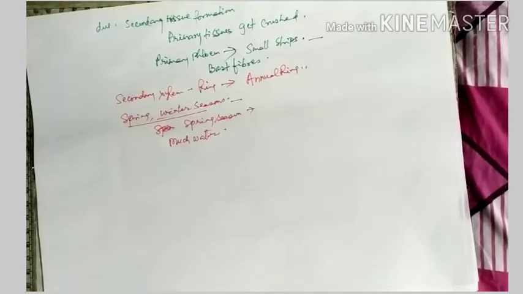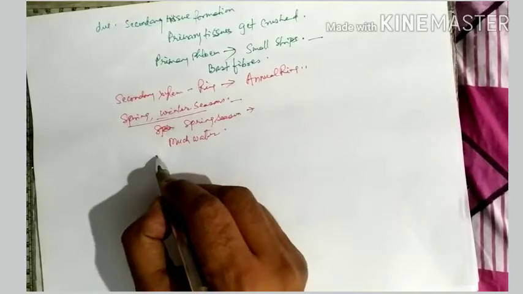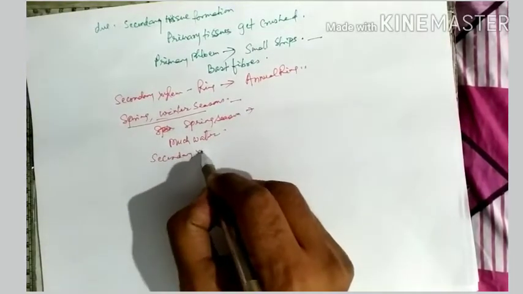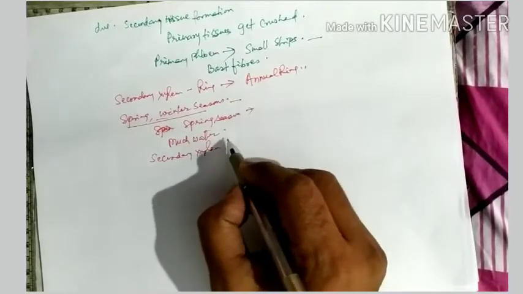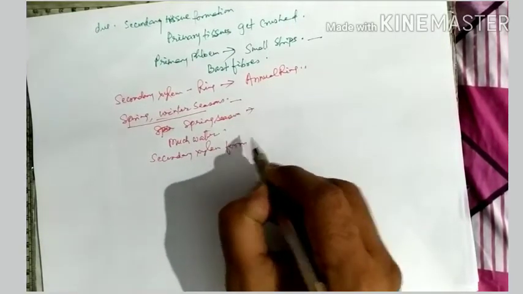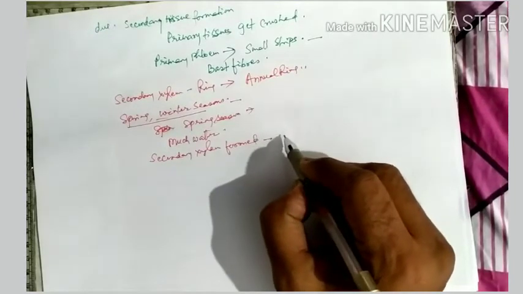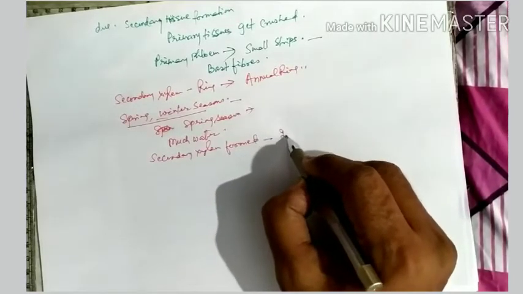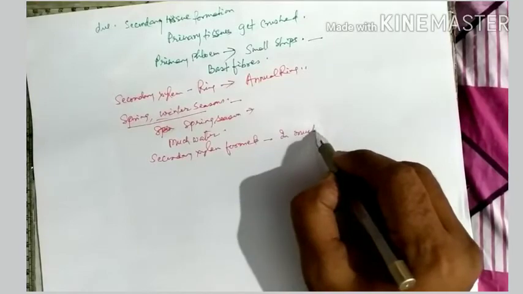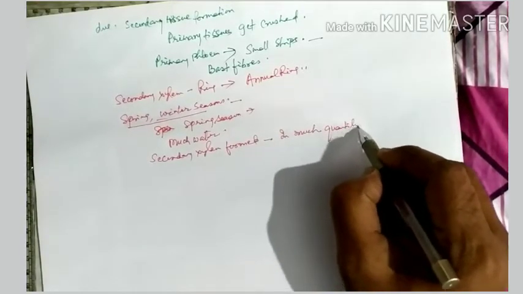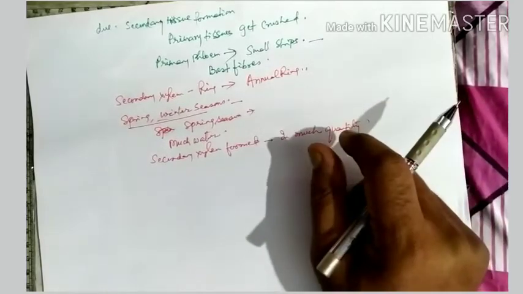Therefore secondary xylem is formed in much quantity in the spring season.